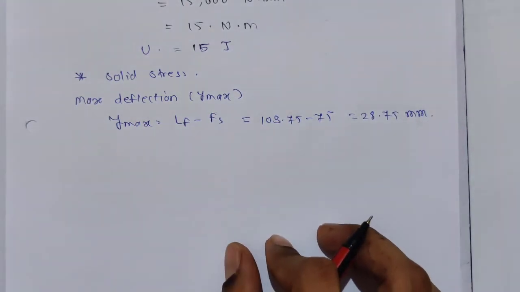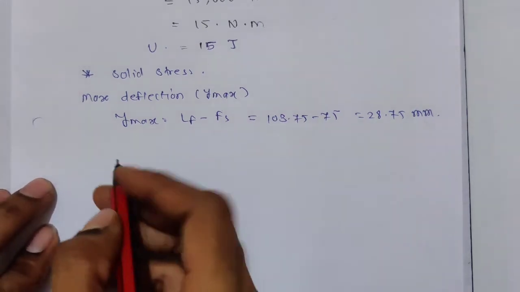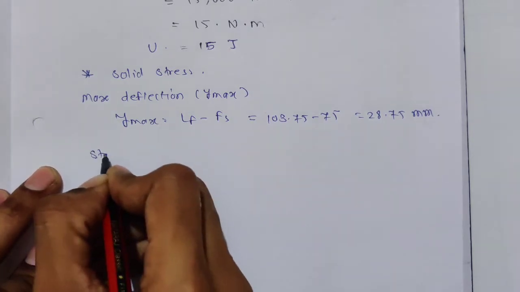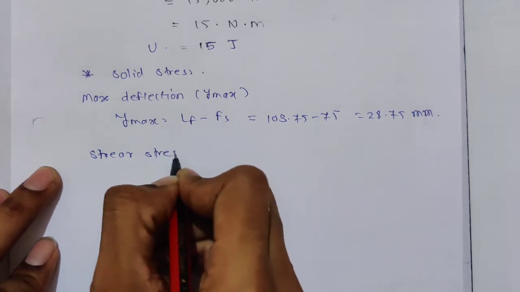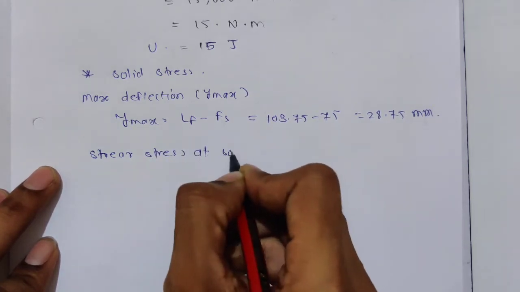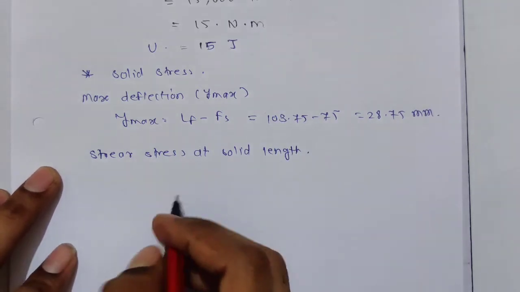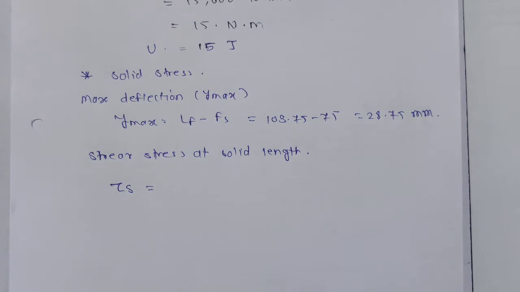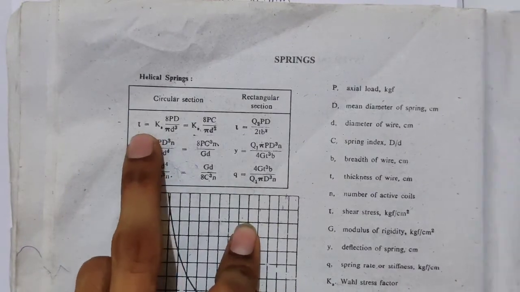Alright, so next is shear stress at solid load, shear stress at solid length. So tau s, we know the value from PSG 7.101.